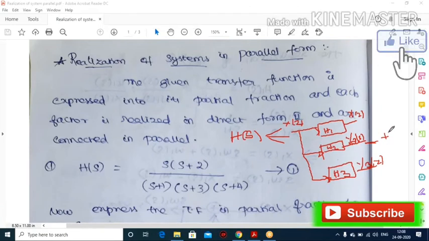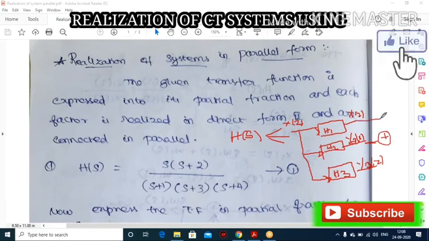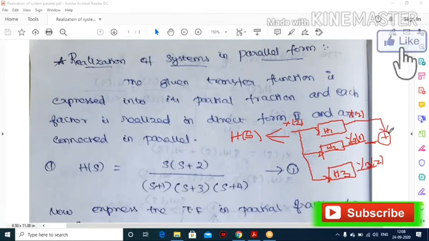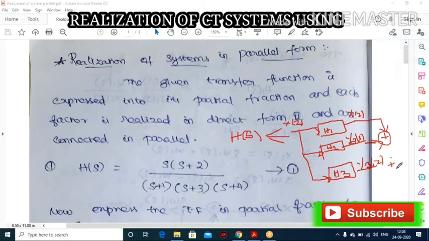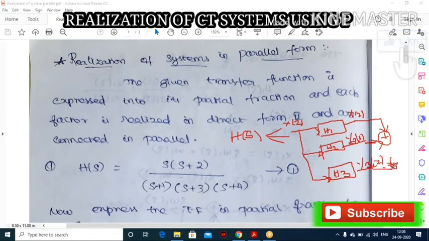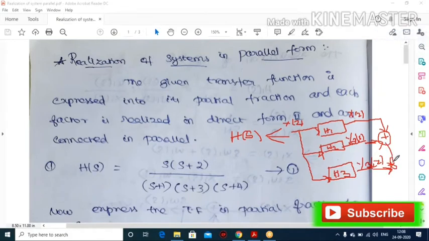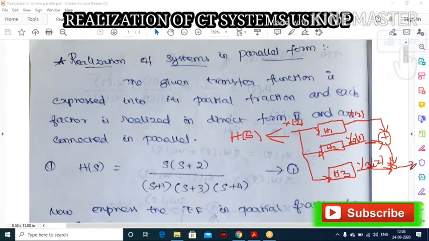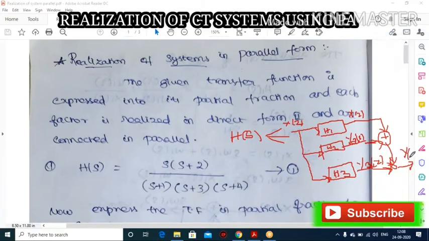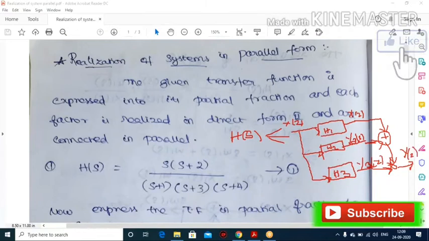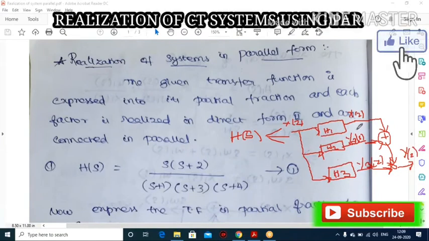You add these values: one adder block is added here, and this block is connected here. Again, one more adder block is added here. Finally, I get Y of Z, the original output. This structure we call the parallel form structure.